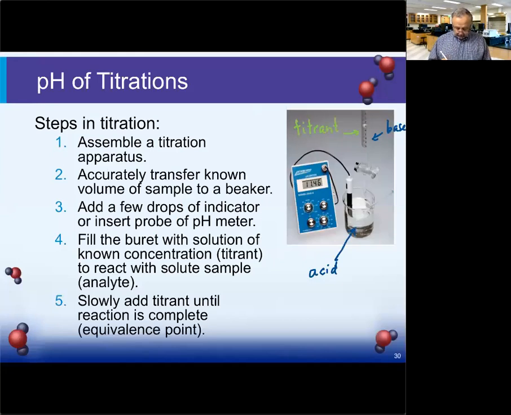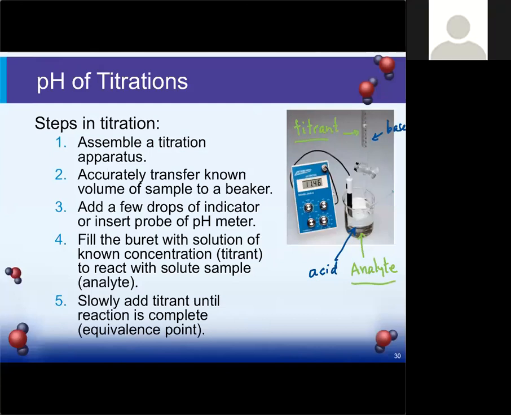And this one here is called the analyte. Titrant and analyte are two terms that I would like you to be familiar with. Titrant is the substance that is in the burette and is being added. The analyte is the substance that is in the beaker and is being titrated.